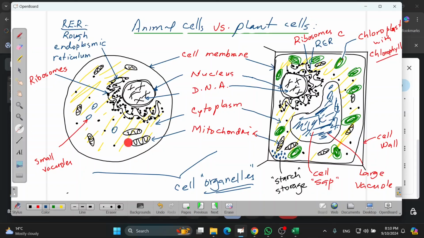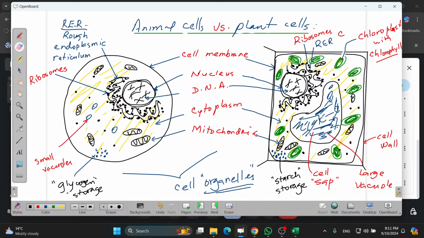We also store food, but we don't store starch. You know what we store? We store a carbohydrate very similar to starch, but we call it glycogen. So here we have glycogen storage. That is carbohydrate that will give you energy, right?